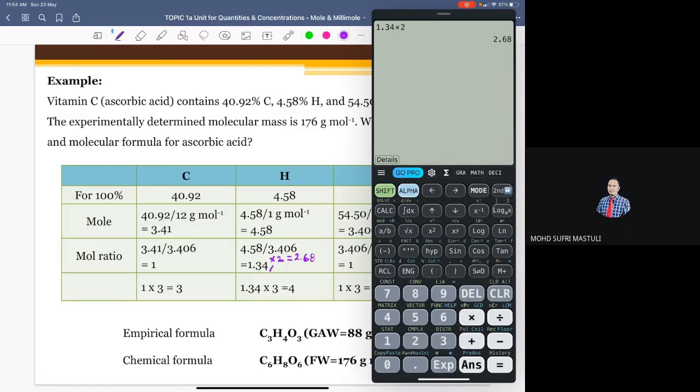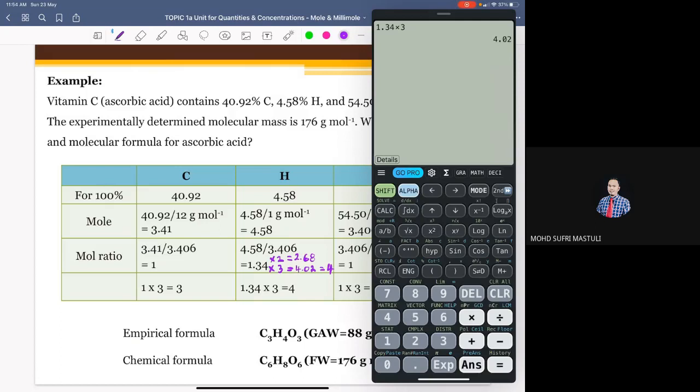So we try 3. 1.34 multiplied by 3 gives 4.02, so you can round it to 4.